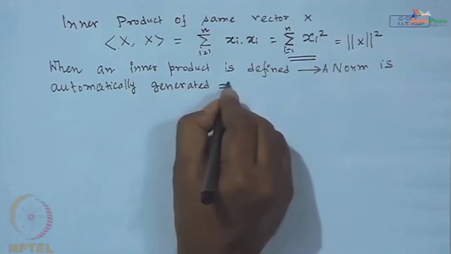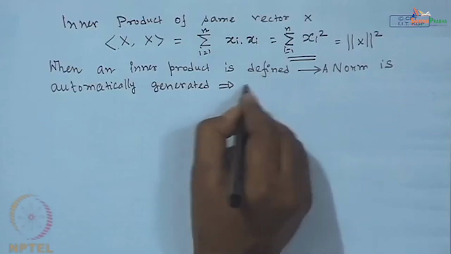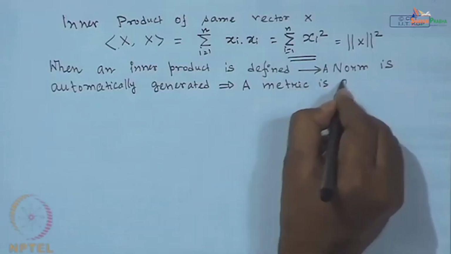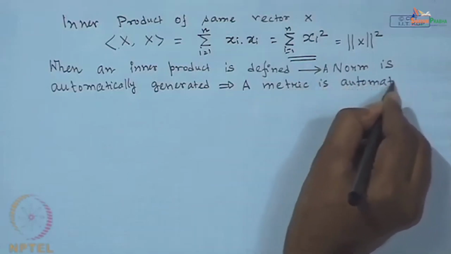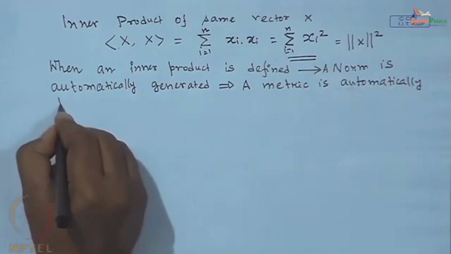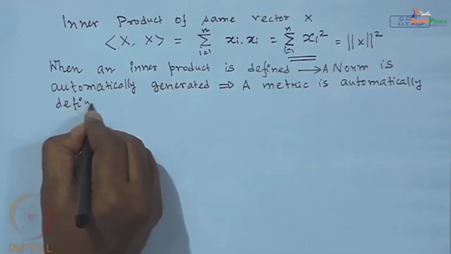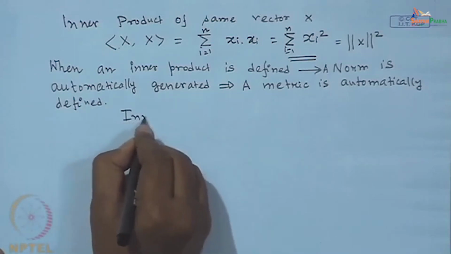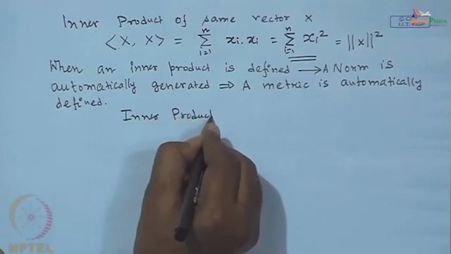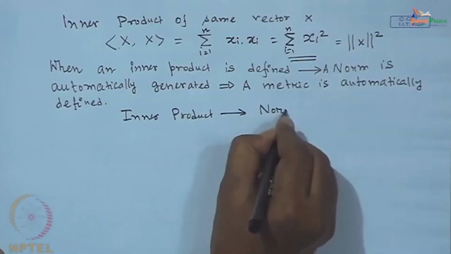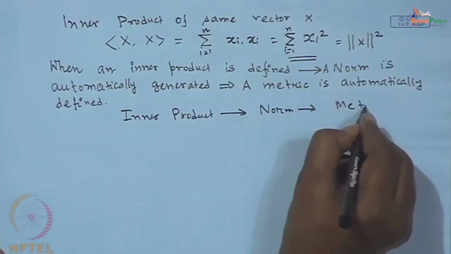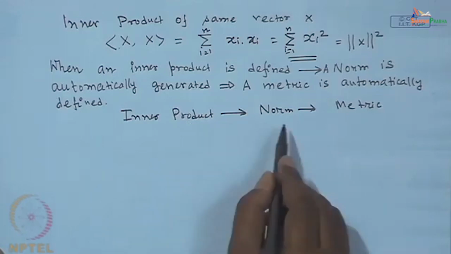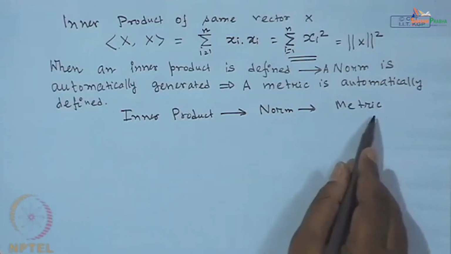And we have seen earlier that when a norm is automatically generated, a metric is automatically generated. Therefore, whenever we talk about an inner product, we get a norm and then we get a metric. So, the definition of inner product simply indicates that a norm is defined and a metric of vectors is defined.